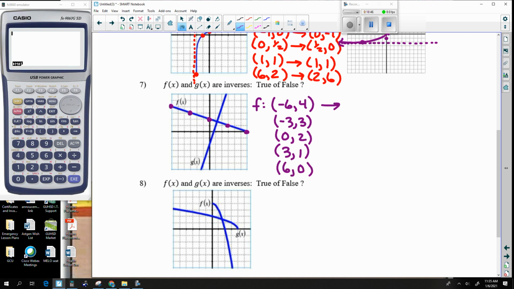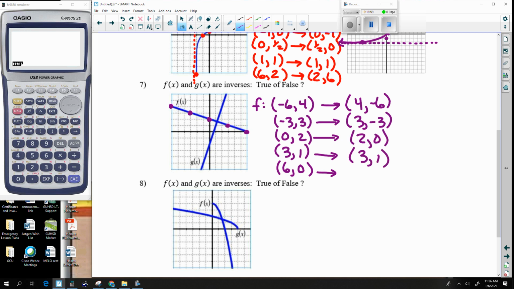Okay, so these points have to be on G. So I have to have the points (4, -6), (3, -3), (2, 0), (1, 3), and (0, 6). These have to be on the equation G.